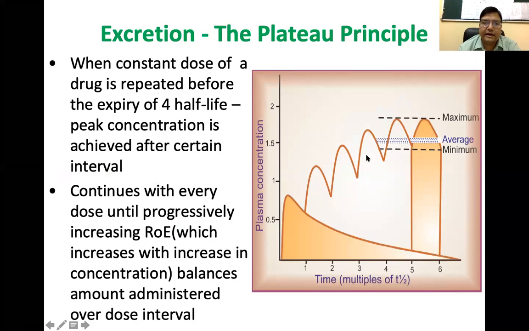After certain repeated intervals, we will get a peak concentration, and this continues with every dose until the increasing rate of elimination balances the amount administered over the dose intervals. So we will get a peak concentration reached after certain intervals if the dose is repeated before the expiry of the fourth half-life, and this is the plateau.